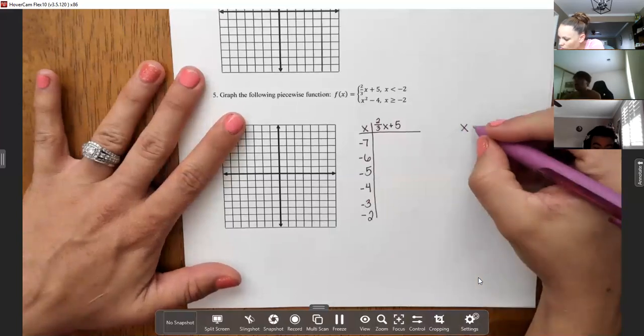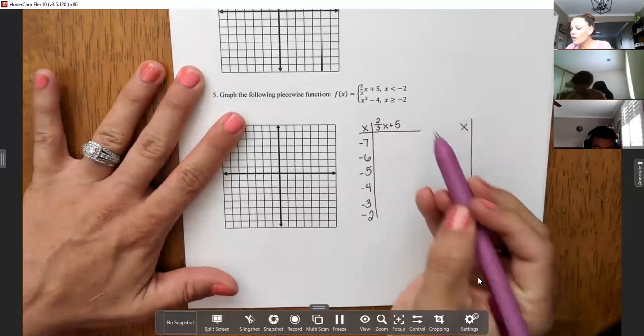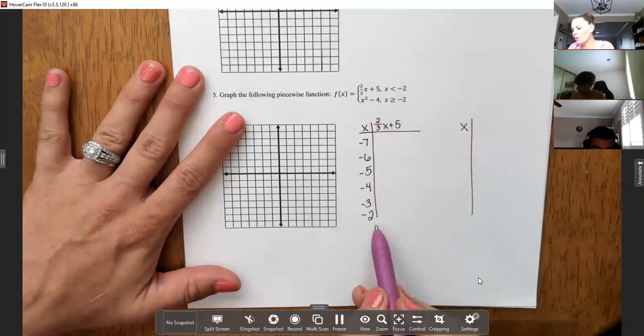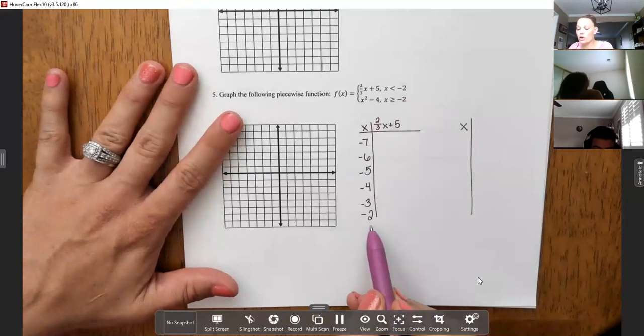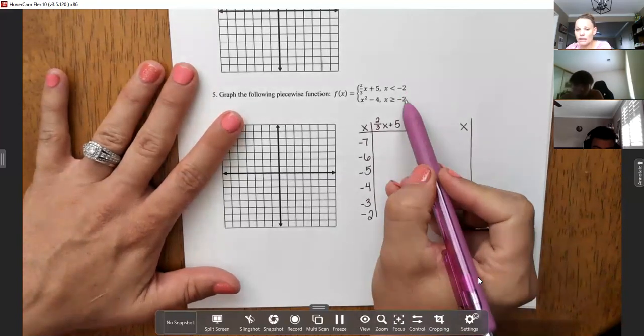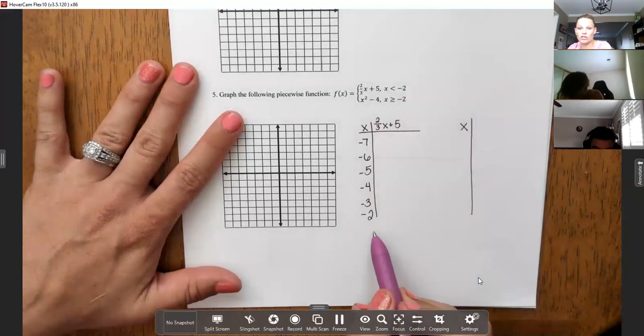Our other table, even though it doesn't say or equal to -2, we still include -2 in the table. So whatever this endpoint is, that's where your table either starts or stops.